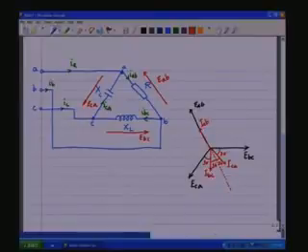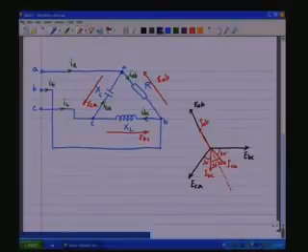Now, let us see what are the equivalent values of the currents which are along the 3 voltage axes. That is, if we project this current ICA onto this axis and all the other 2 axes, then we know the equivalent 3 phase currents which are flowing along the 3 axes. Okay.